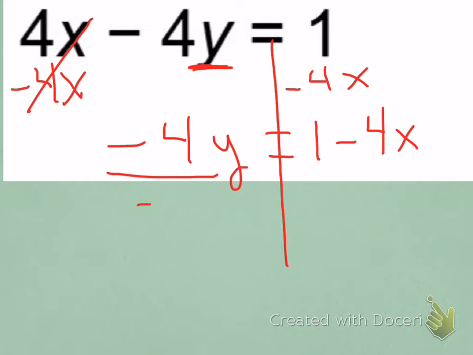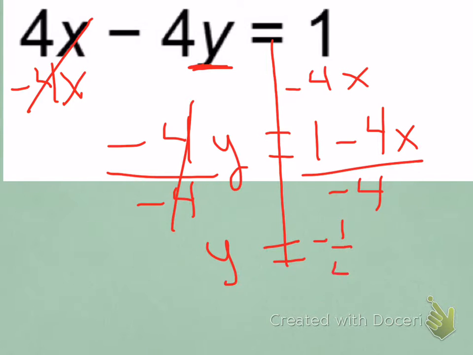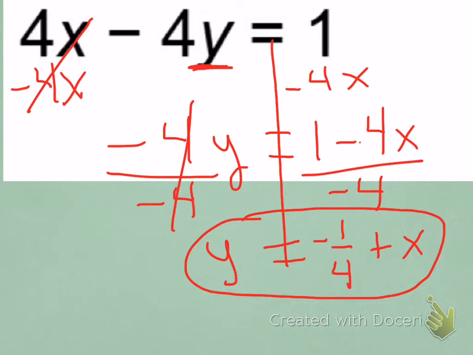Then I'm going to divide by negative 4. So I'm left with y equals 1 divided by negative 4 is negative 1/4. And then negative 4 divided by negative 4 is 1x. So my answer is y equals negative 1/4 plus x.